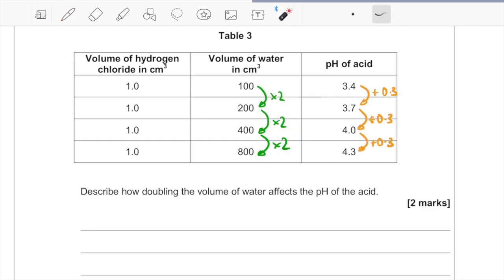So whereas before we just had to say, as this increased, that decreased, and it was only 1 mark, this is 2 marks. If you simply say the pH increases, you will only get 1 mark, I'm afraid.